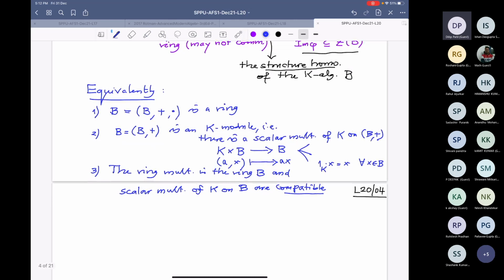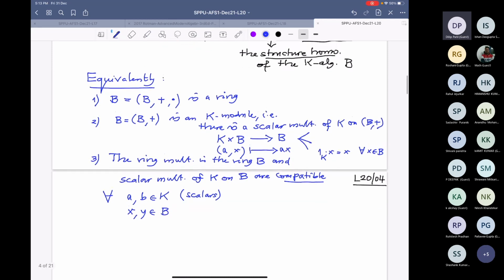Here also we have seen compatibility of the scalar multiplication with the plus. That we did in vector spaces so many times, no? So what will this mean? That means for every scalars a, b in K, these I keep calling scalars, and every x, y in B, any two elements in that ring B, what can we do?